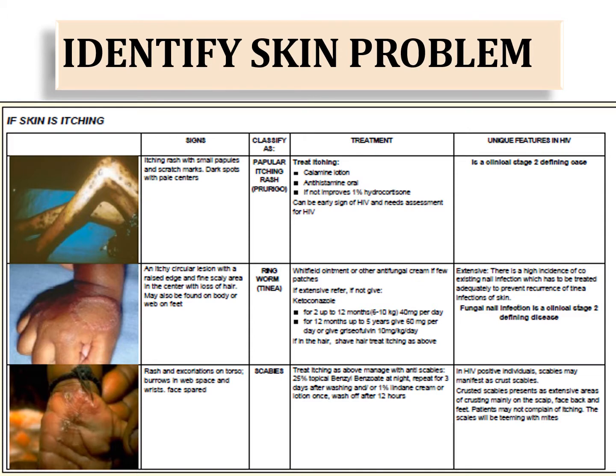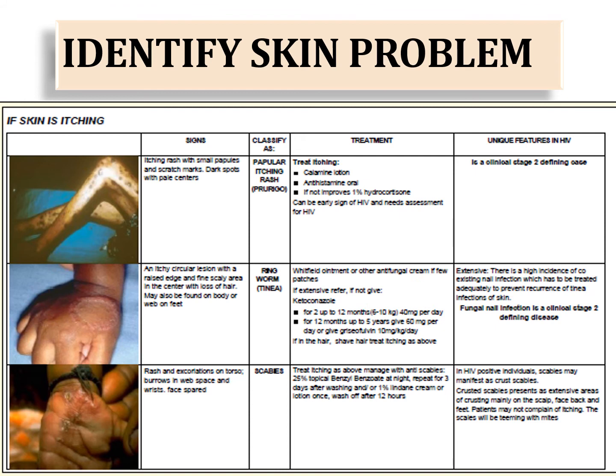Now, here are just a few slides, we'll be dealing with skin problems. So skin problems, if there is an itching rash with small papules and scratch marks, dark spots with pale centers, it is classified as papular itching rash, otherwise called prurigo.